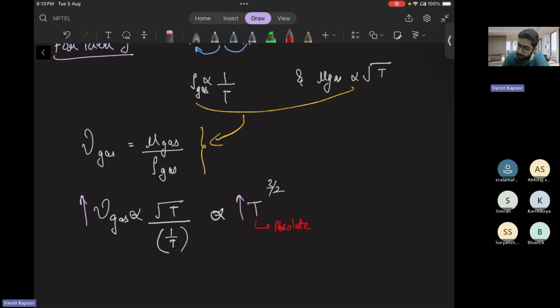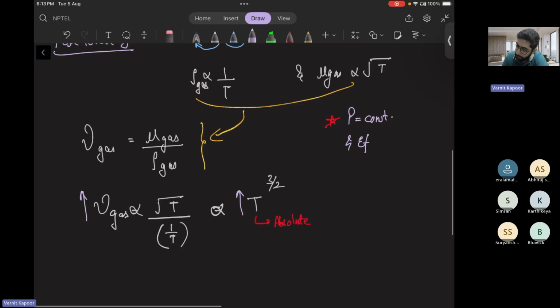Point to be noted is that P is equal to constant, and the effect of temperature is observed. Okay, first thing.